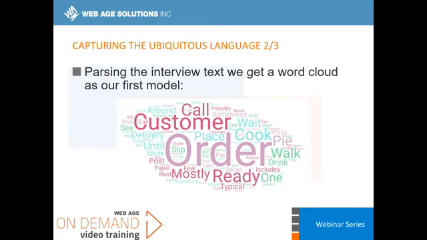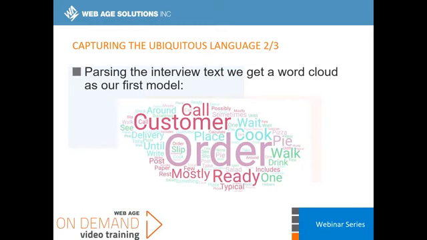The issue that we run into as we go to capture this language now is that there are some things that represent both objects and processes. So for example, order could mean taking an order, or it could be a thing that is a customer's order. Cook could mean cooking a pizza pie, or the person who cooks the pizza pie.